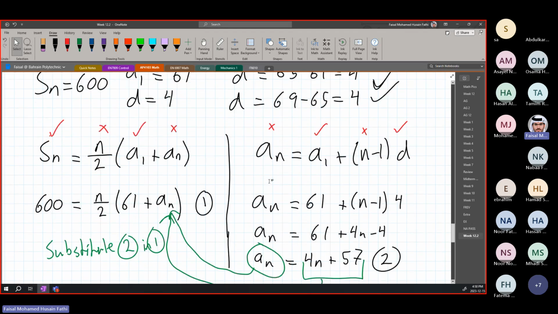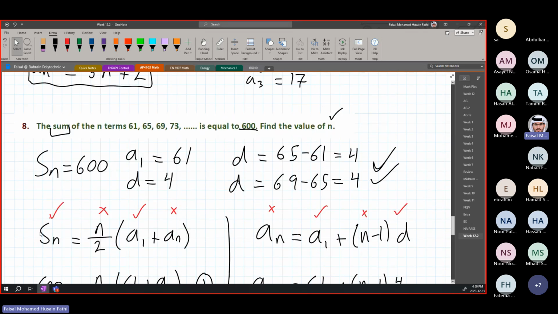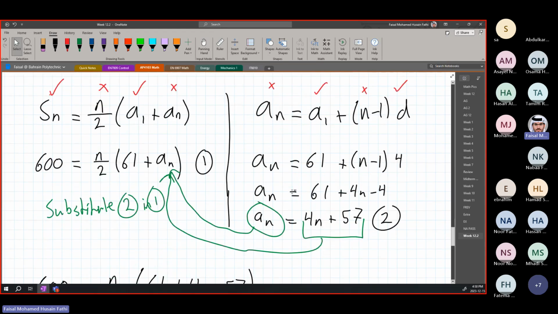I don't remember if there was, maybe there is, but I'm not sure of it. But here it's very simple. The steps here you take are very simple. You will have Sn and you'll have An equation. All you have to do is substitute what An is in equation 1 of Sn, and that's it.